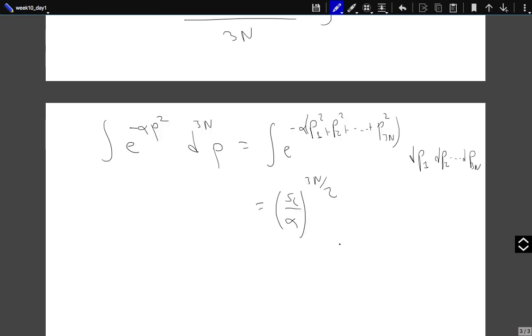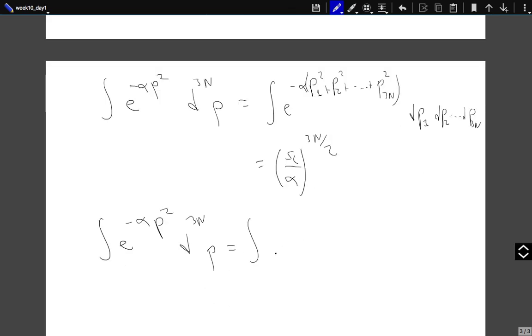Now, on the other hand, I can just do the same trick, go to spherical coordinates to evaluate that integral: e to the power minus alpha p squared d^3n p. This is equal to the integral of e to the power minus alpha p squared p to the 3n minus 1 dp times d omega 3n.